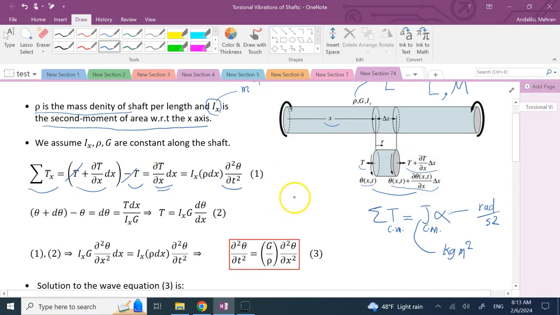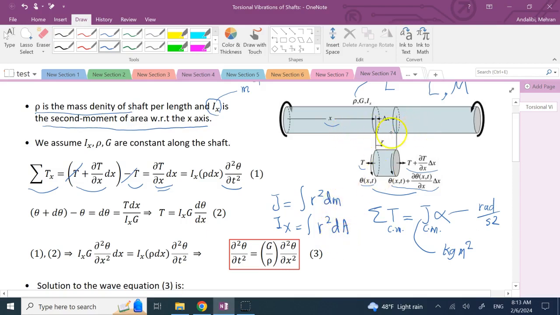The definition of J is the integral of r squared dm, while Ix is the integral of r squared dA. What is the difference between dA and dm?